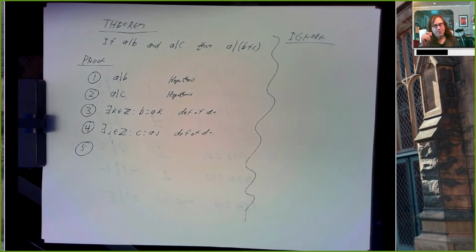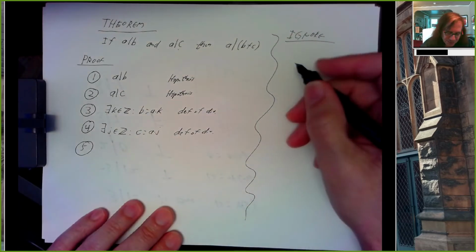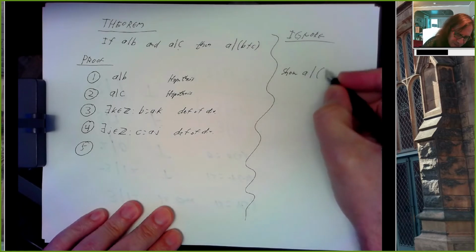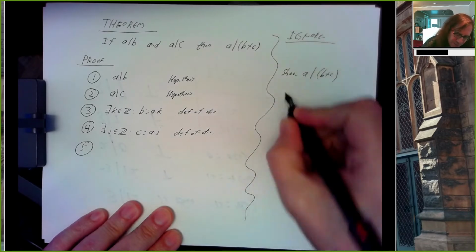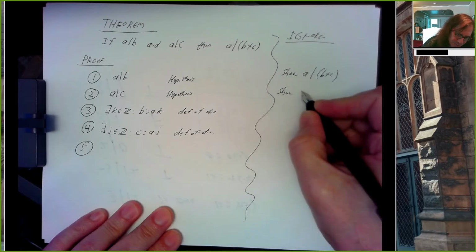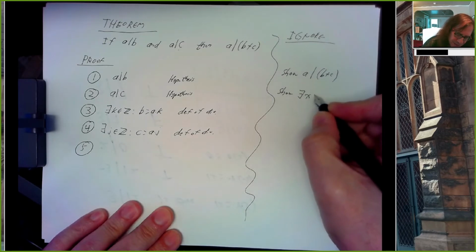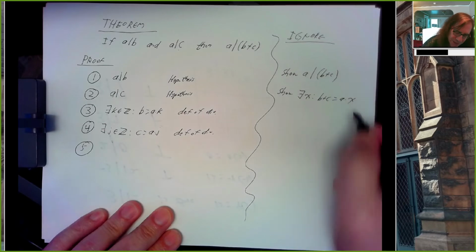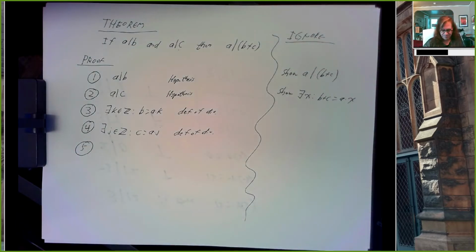Okay, where am I trying to get to? I want to show that a divides b plus c, which means I want to show there exists some x such that b plus c equals a times x. That's helping me visualize what my goal is.